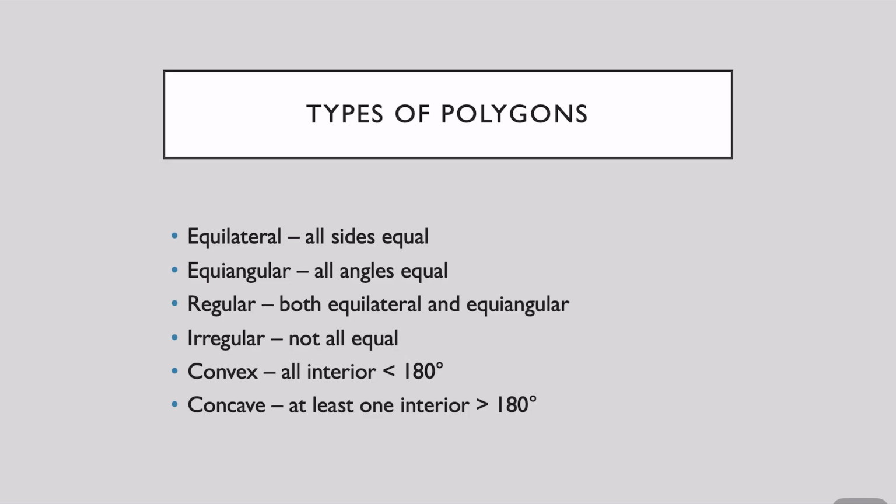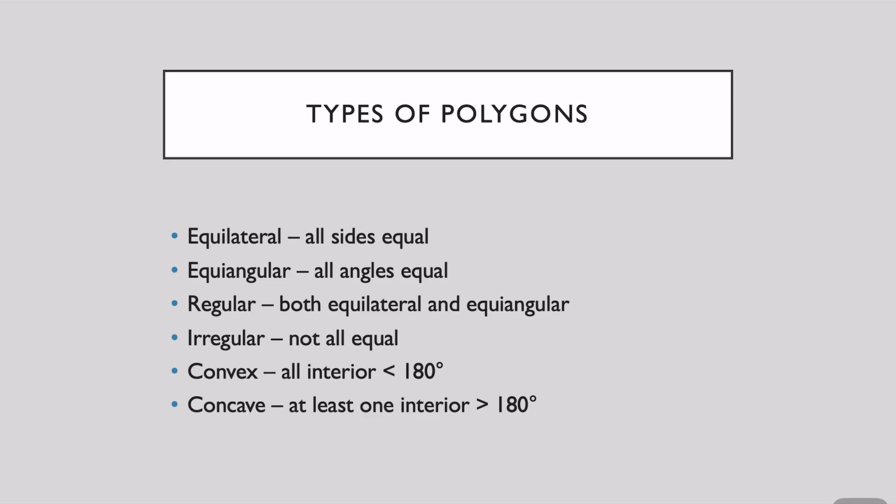Let's say a square and a rectangle. Okay? So, the square is equilateral and equiangular. The rectangle is only equiangular. Okay? So, when you say regular polygon, the lengths of the sides are all the same and the angles are all the same. Irregular, of course, is the opposite of regular, not all are equal. Not all sides, not all angles are equal.